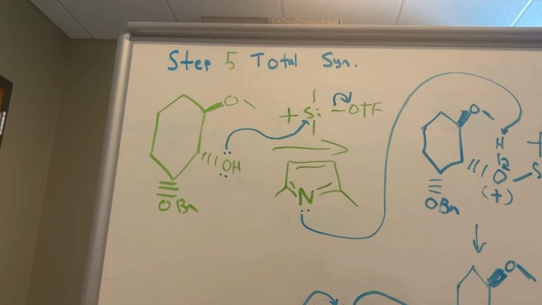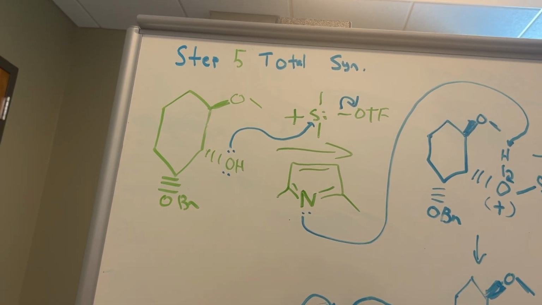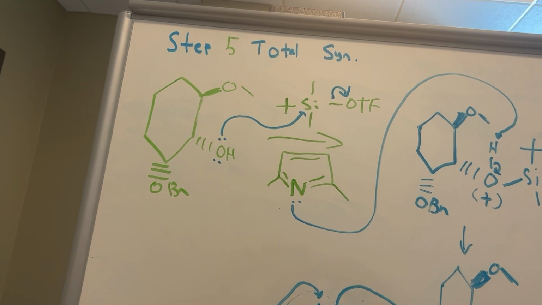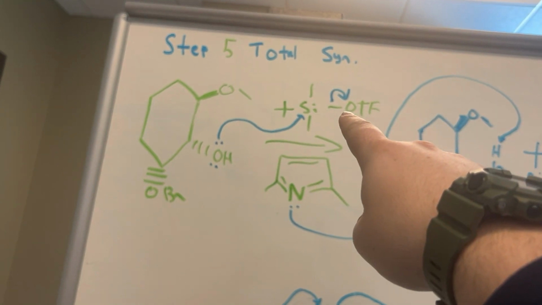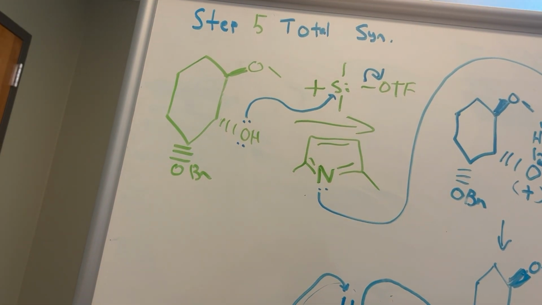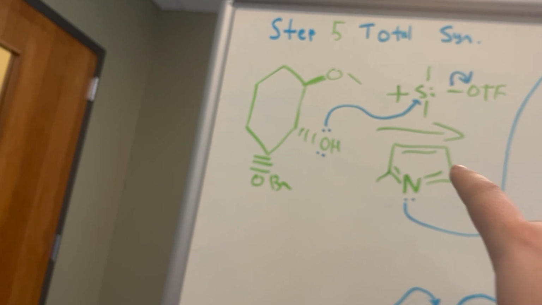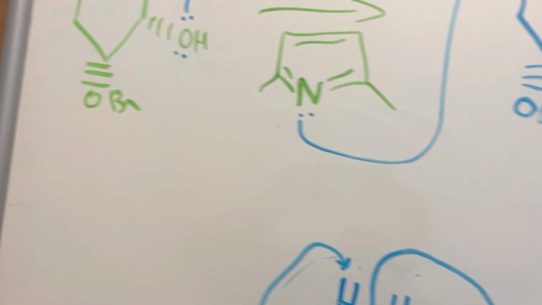For the 5th step of the synthesis, we're using that alcohol that we just made in the previous step to add on this protecting group. So he uses t-butyl methyl silyl OTf.